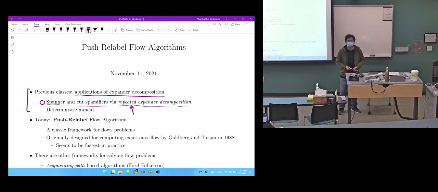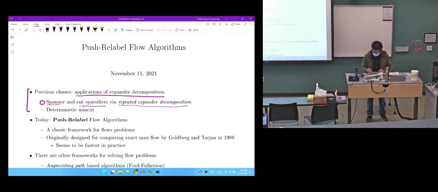Very good, yes. Once you have done this log n times, given any graph, you can decompose the set of edges into a bunch of expanders that do not overlap too much, because each node is contained in at most log n expanders.